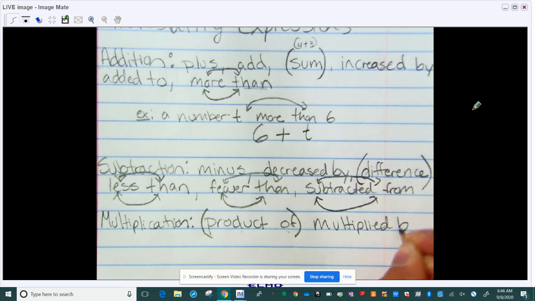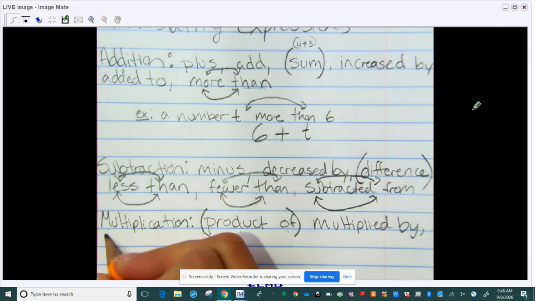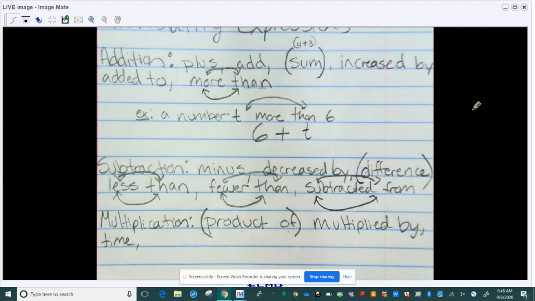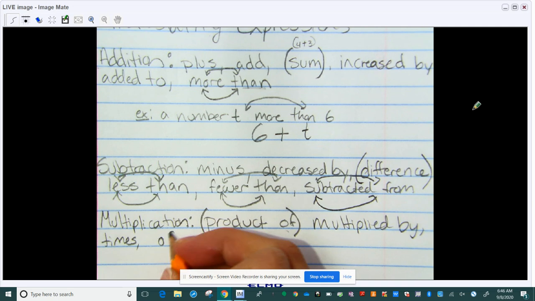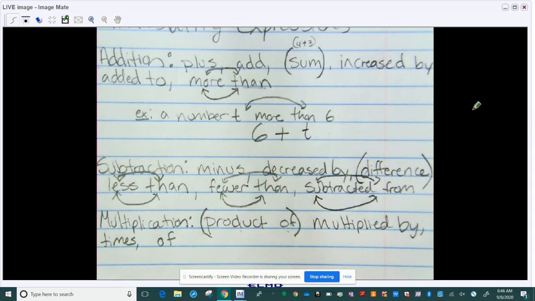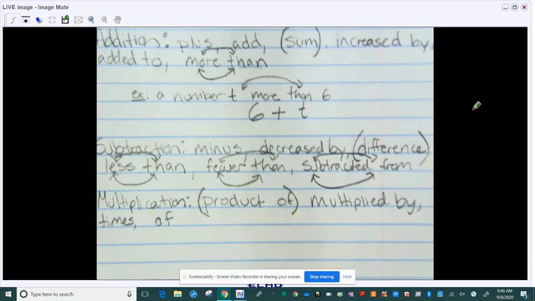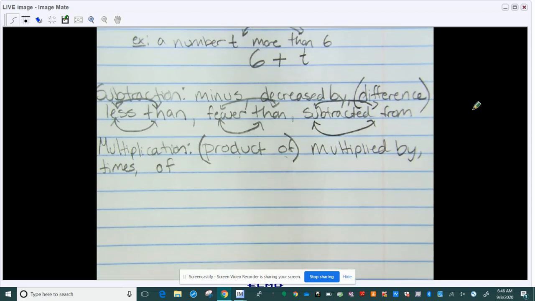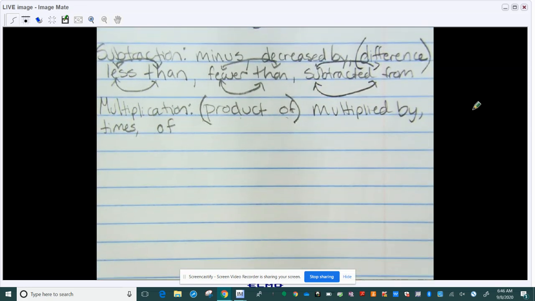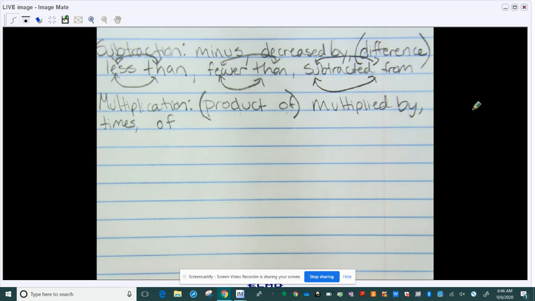Multiplied by, times, if we're going with some easy one, times. We also have of. Of is a very small word that means multiplication. Most always when you see that in math class, occasionally it'll just be an of as like an article word. So those are pretty much the main ones for multiplication.